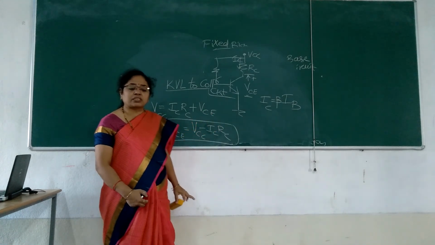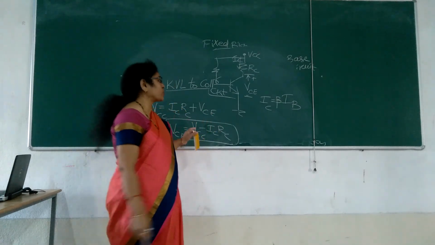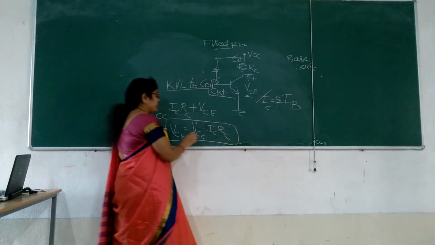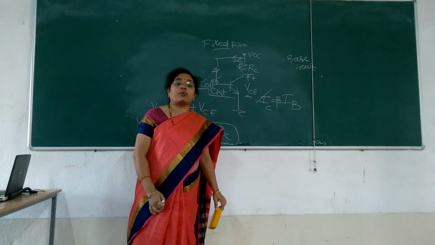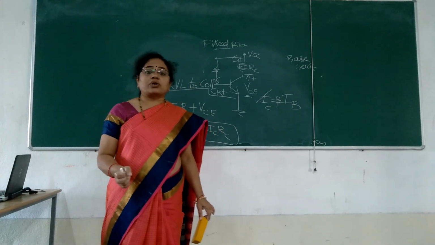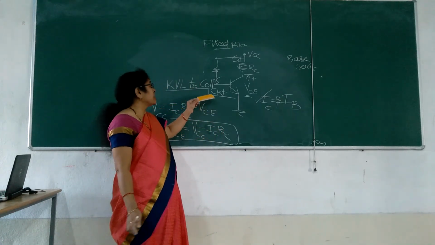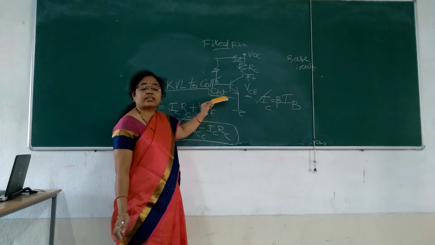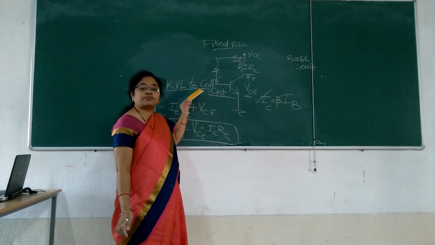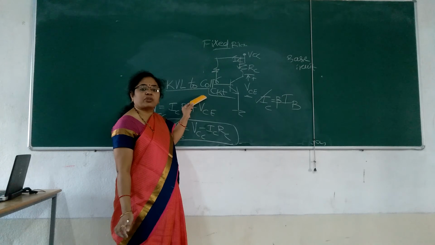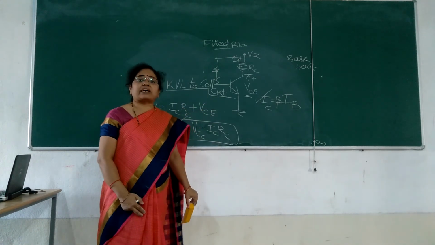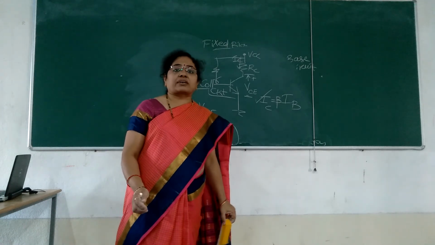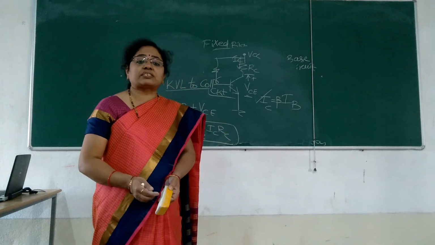IC and VCE together are called the operating point, or Q point. To find the stability factor, we differentiate the IB equation and substitute in the general stability factor formula. This is how biasing and stability factor are determined for fixed biasing.